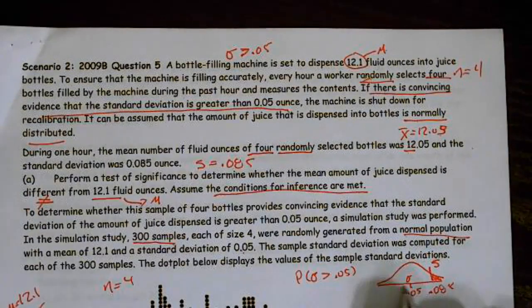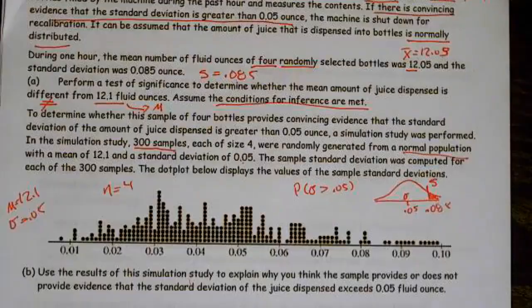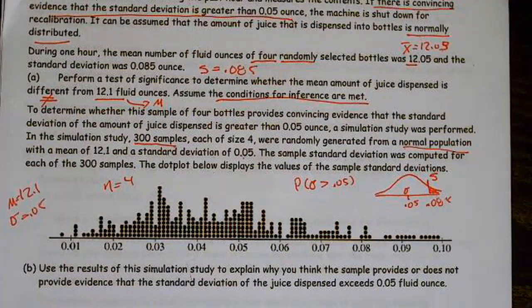So they basically created what I just drew. The sample standard deviation was computed for each of the 300 samples. The dot plot displays the values of the sample standard deviation. All right. Use the results of the simulation study to explain why you think the sample provides or does not provide evidence that the standard deviation of juice dispensed exceeds 0.05.